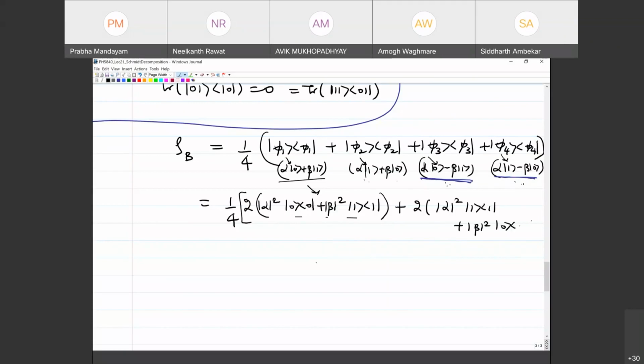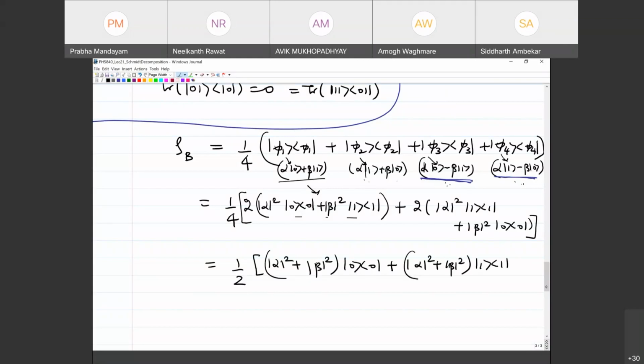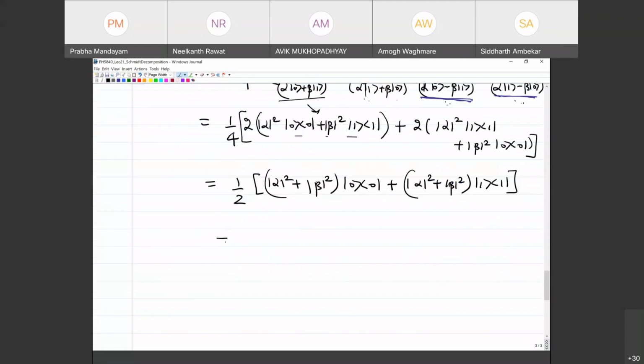Okay. And what does this evaluate to? This evaluates to half (|α|² + |β|²)|0⟩⟨0| plus half (|α|² + |β|²)|1⟩⟨1|. And what is this? |α|² + |β|² is what? 1.